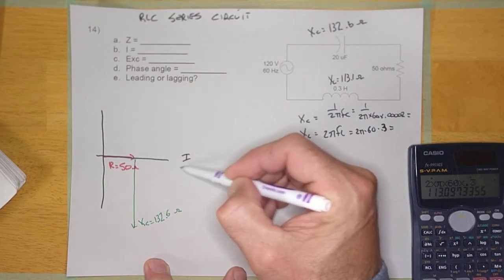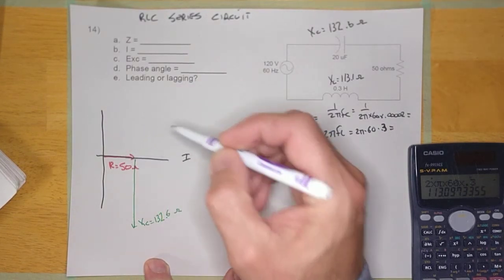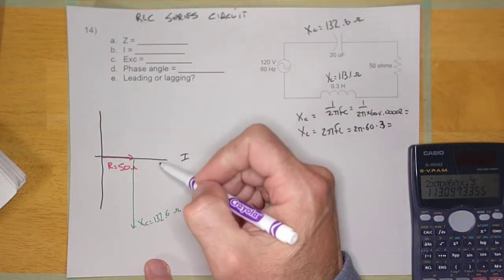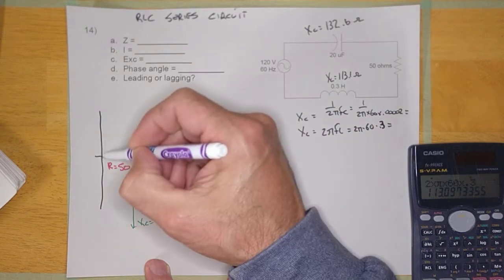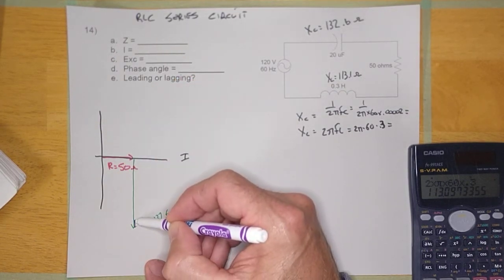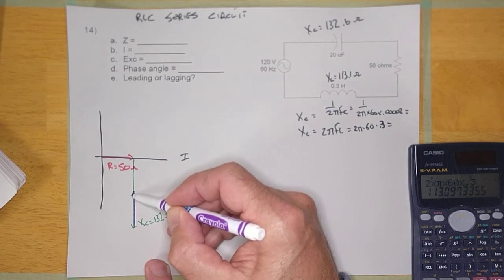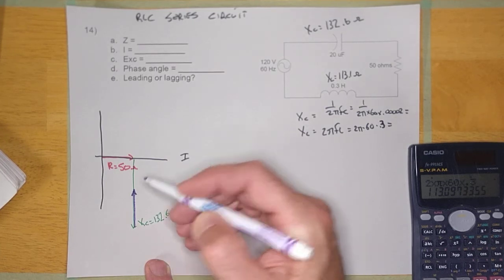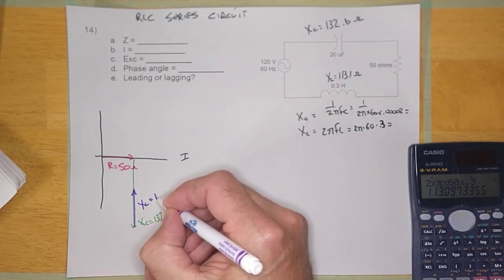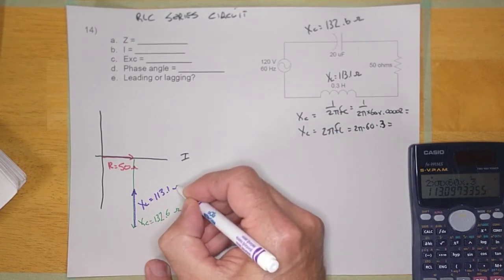That way the current will be clockwise. Inductors always cause the current to lag, which means they have to have the current clockwise. I'm going to move it tip to tail, and it ends up going from here something like this, okay? And this is XL, and it is 113.1 ohms.